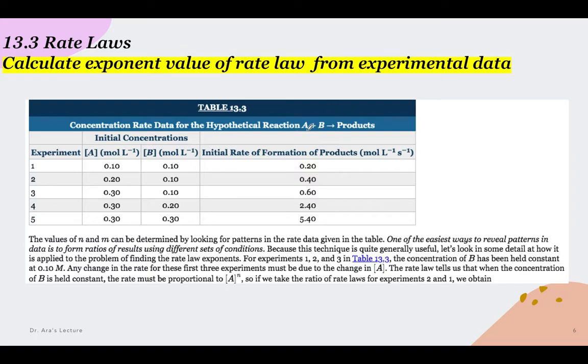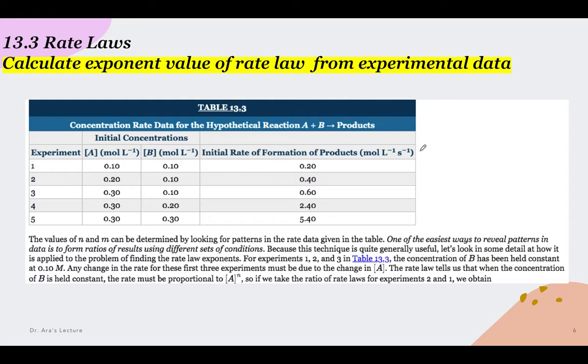Let's consider that reactants A plus B react together and form the product. Here if we look into the table, we can see the number of experiments 1 to 5, initial concentrations for A and for B, and also the initial rate of formation of products in moles per liter per second.